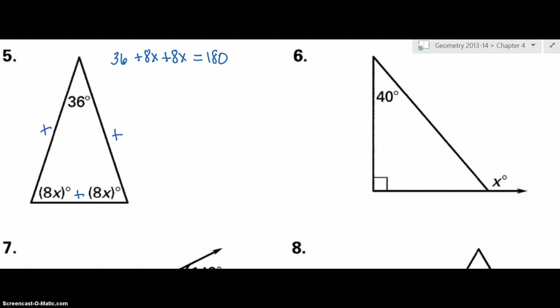If you combine like terms, the 8x plus 8x, you get 36 plus 16x equals 180. If you subtract 36 from both sides, you get 144. And if you divide by 16, you get, what'd you guys get for that? 9? Questions on that one?